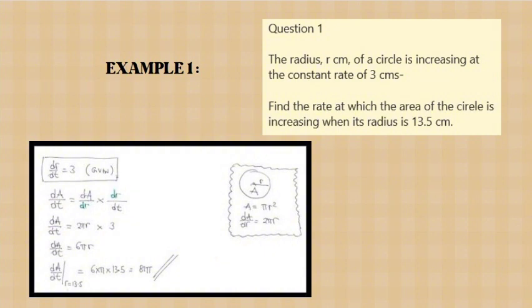The solution: we are given dr/dt = 3 cm/s, and dA/dr = 2πr. So dA/dt = dA/dr × dr/dt. dA/dt = 2πr × 3. dA/dt = 6πr. So when r = 13.5, dA/dt = 6 × π × 13.5 = 81π.